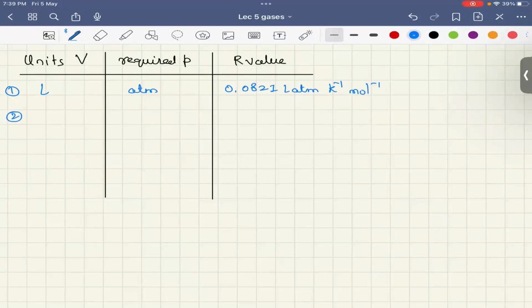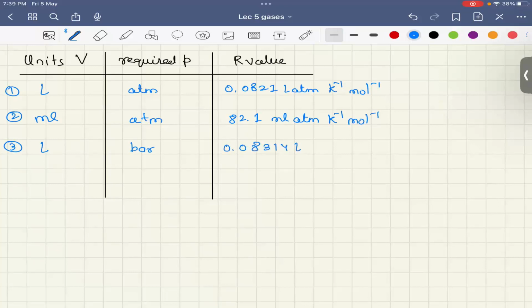Okay. Second is going to be when volume is in milliliter and pressure is in atmosphere. This is going to be 82.1 milliliter atmosphere Kelvin inverse mole inverse. Okay, it's going to be liter, however, pressure is going to be in bar. In that case, this is going to be 8314 milliliter bar Kelvin inverse mole inverse.